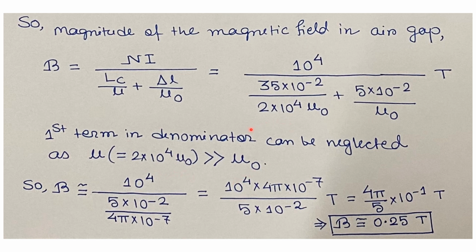If we cancel out this term, we get the simplified magnetic field, 10 to the power 4 divided by 5 times 10 to the power minus 2 by 4π times 10 to the power minus 7. If we calculate that, we get 4π divided by 5 times 10 to the power minus 1 Tesla. So our magnetic field in the air gap will be 0.25 Tesla, rounded off to two decimal places.